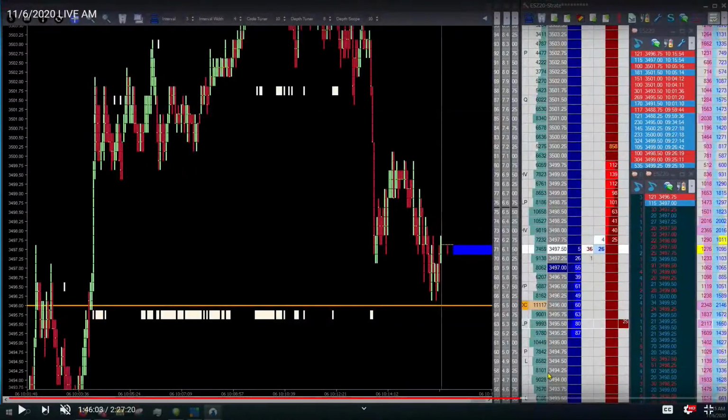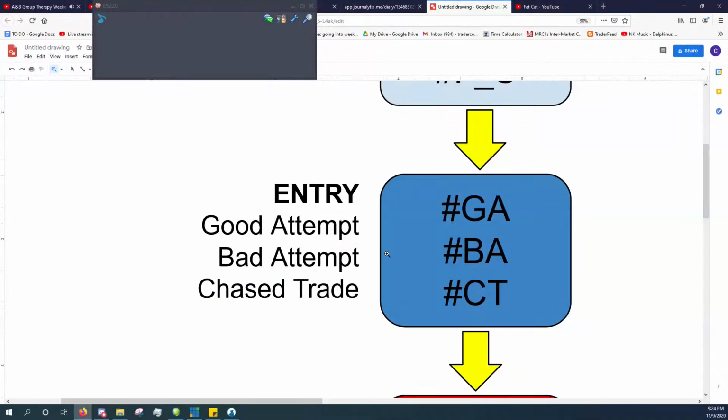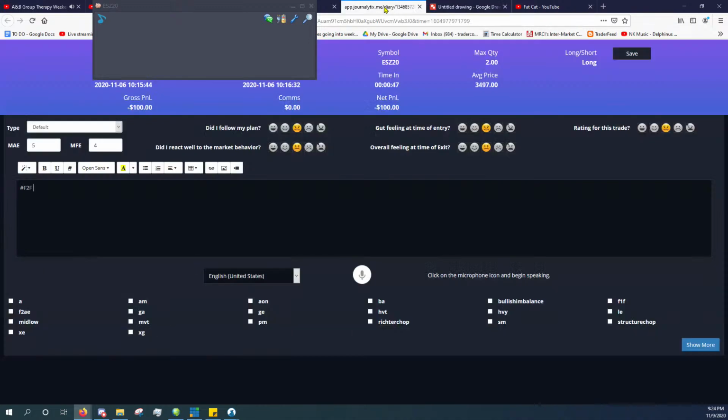I'm really conflicted on it. It really makes sense, and I didn't really chase the trade. I wish I would have got a tick below, but I think it's a good attempt.